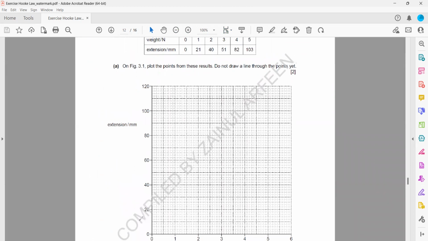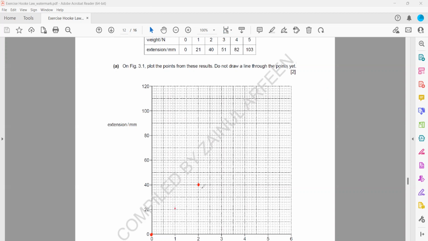0, 0 is there. Then 1 and 21. Then we have 2 and 40, and 3 and 51. Each 10 boxes equals 20, so each box equals 2.